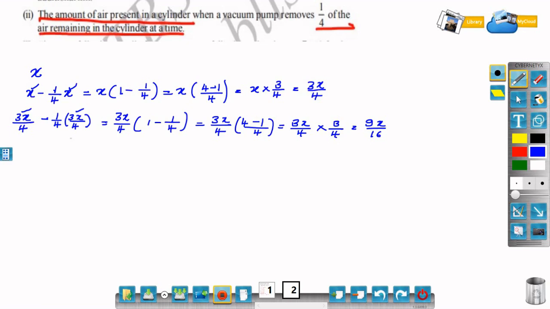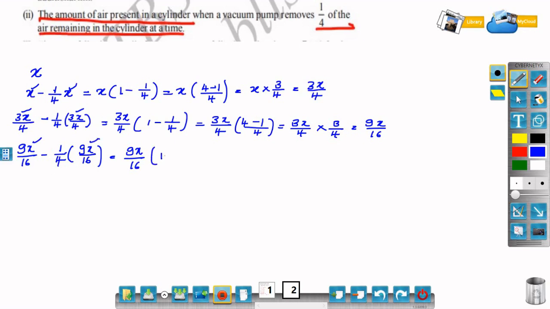Now again, from 9x by 16, 1/4 of 9x by 16 is removed. Now the amount of air present in the cylinder is 9x by 16 minus 1 by 4 of 9x by 16. 9x by 16 is common.